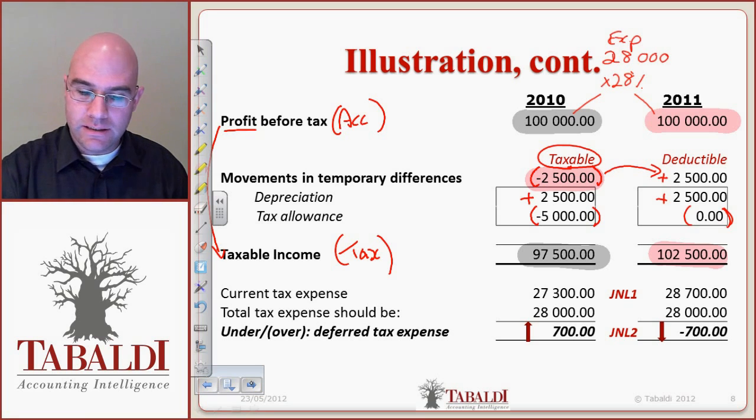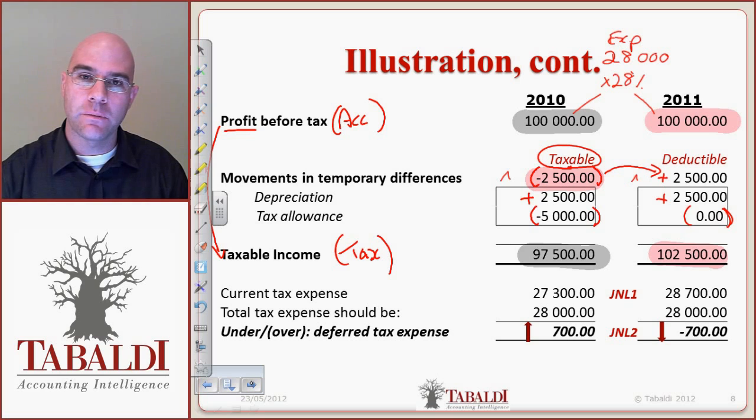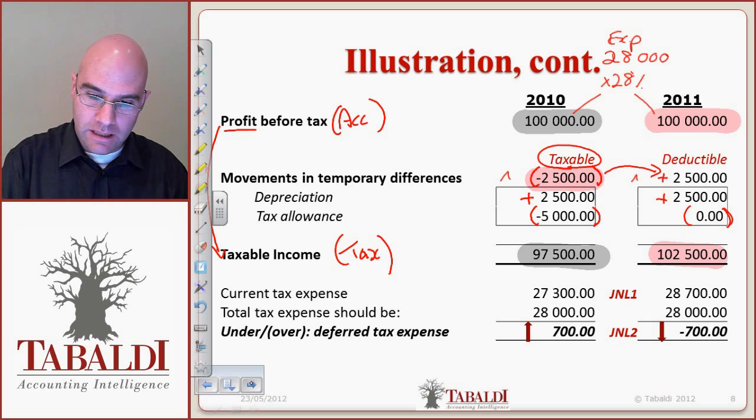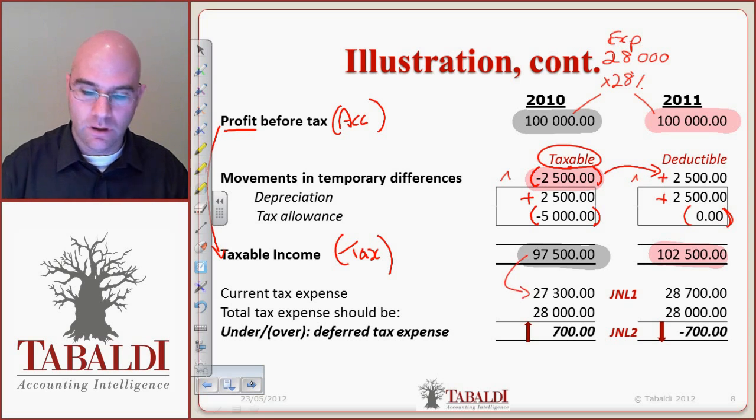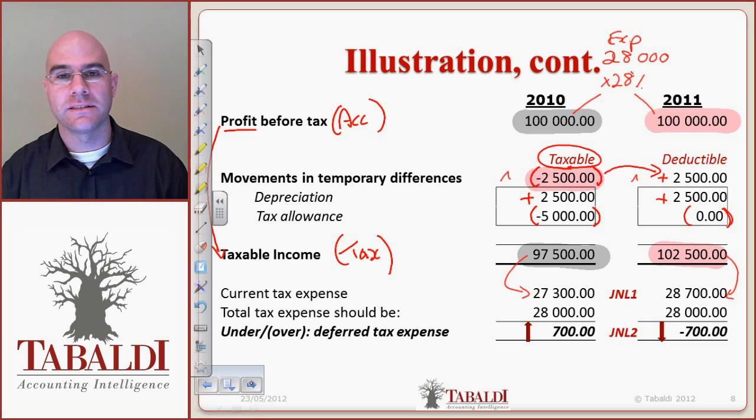But because of these timing differences or temporary differences between accounting and tax profit and loss, I'm landing up with a tax expense in 2010 of 27,300 and in 2011 of 28,700.